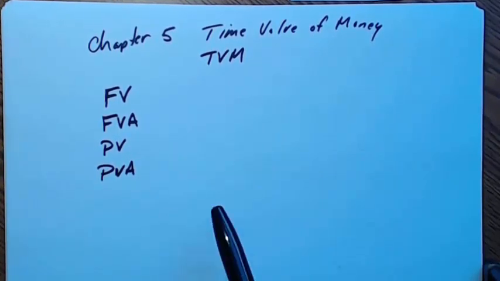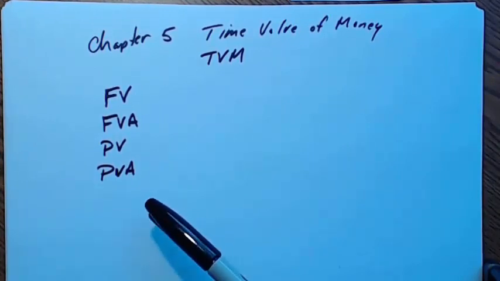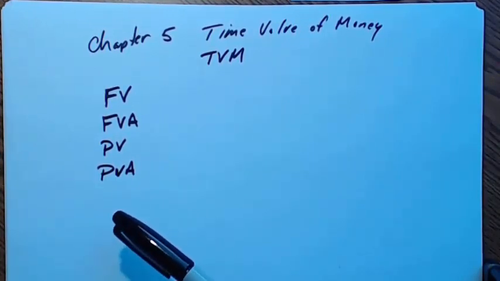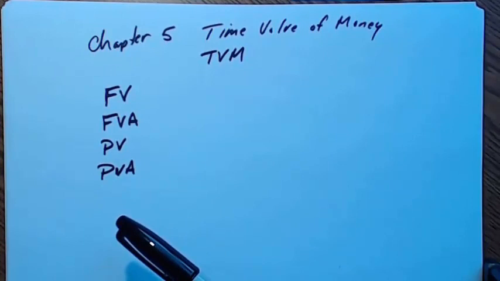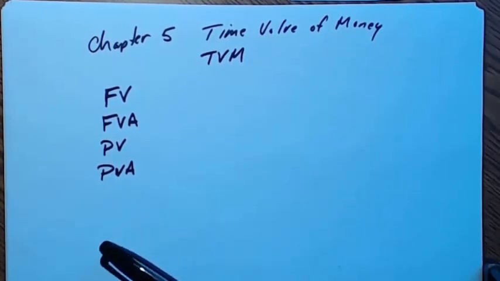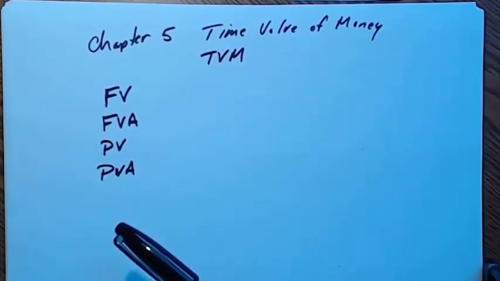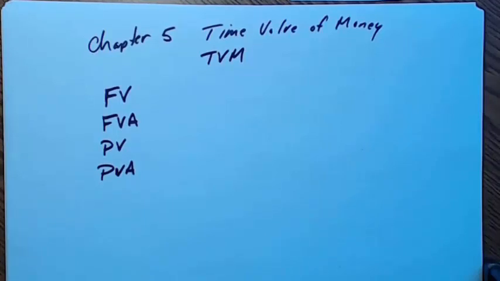For example, we'll be looking at nominal interest rates, effective interest rates, effective annual rates, and then we'll get to amortizing loans such as mortgages, student loans, auto loans. It's an extremely important chapter, not just for this course, but in the real world.